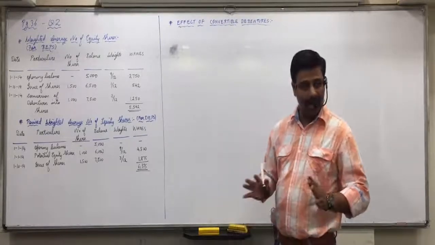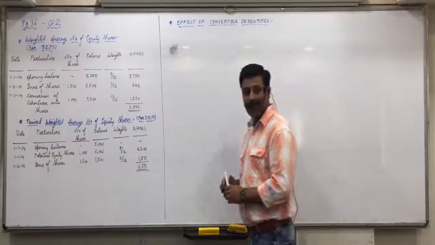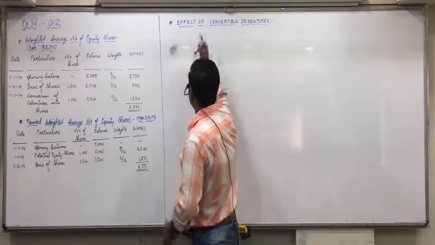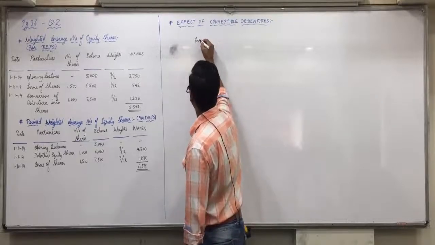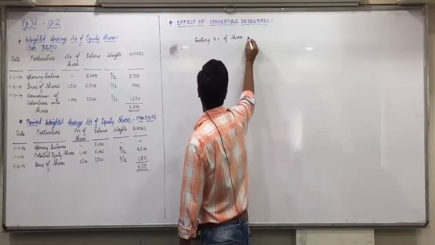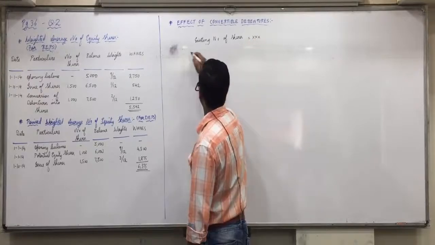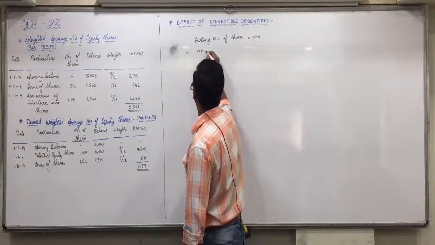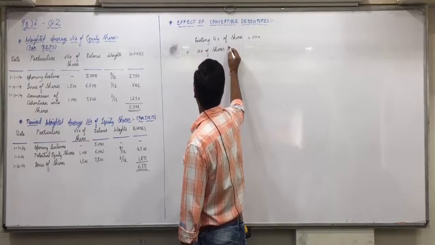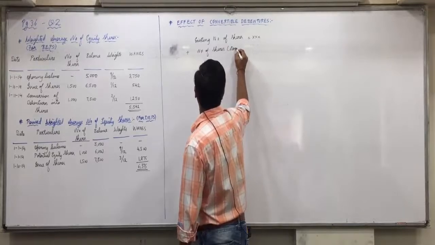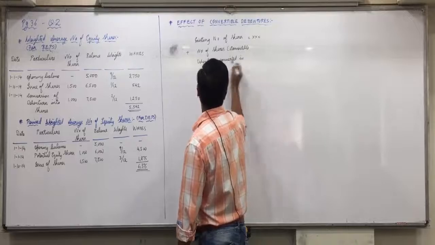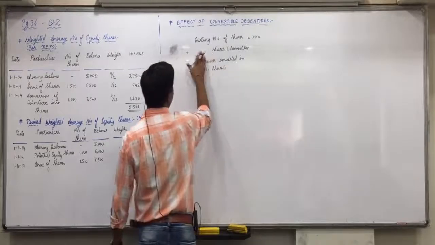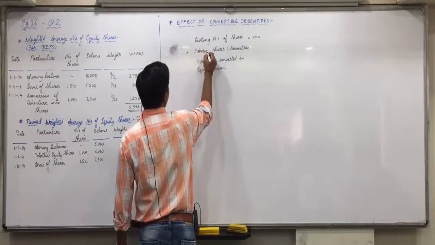So we call it diluted EPS. Now, how does it get divided between more number of shares? Understand it. How would you find the revised weights? First of all, the existing number of shares, they are the actual number of equity shares. In that you'll add the number of shares into which convertible debentures are converted. Rather than adding actual equity shares, I add potential equity shares.